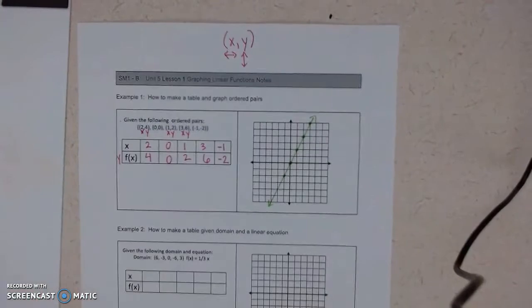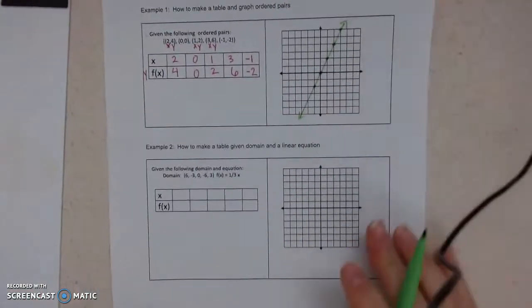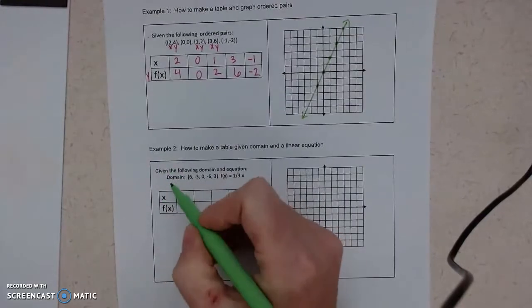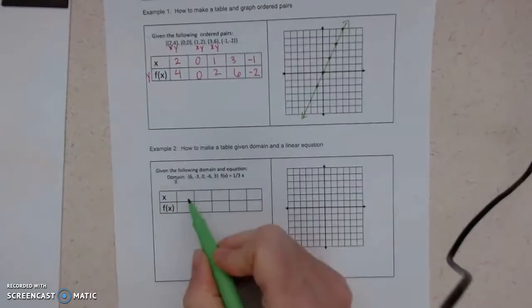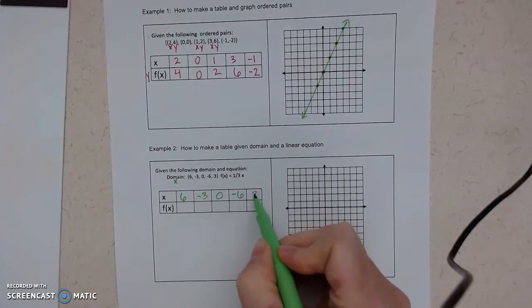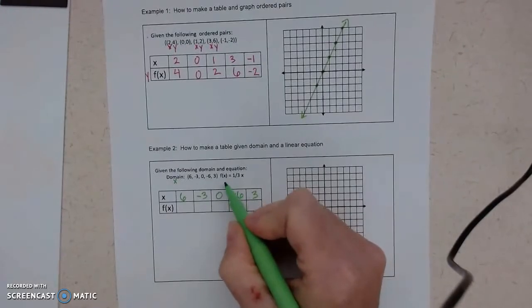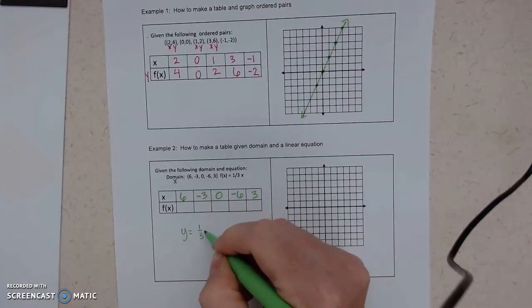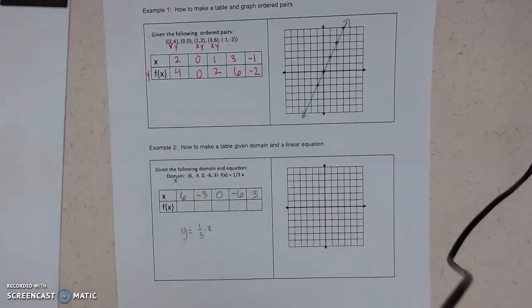Okay. On the second example, they're going to give us domain values and a function. So remember, domain, these are all x values. So I'm going to go ahead and fill those in on the table. Okay, f of x, remember, is the same as y. So I've got y equals 1/3 times x. That's the function that's given.